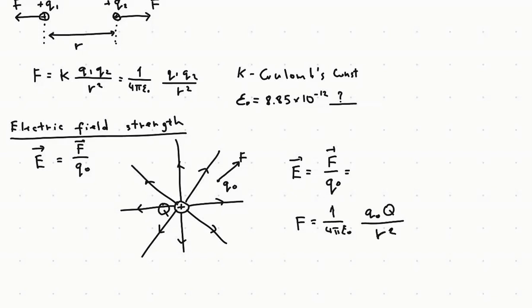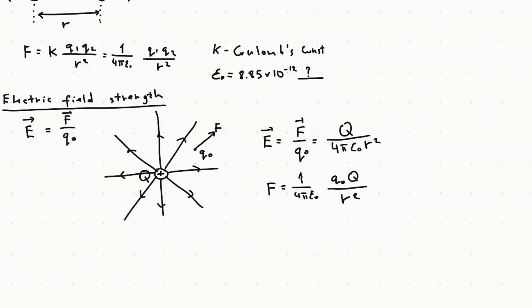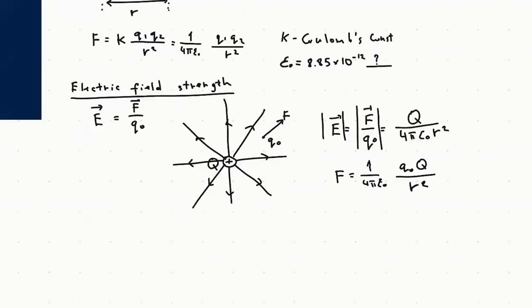If you sub that in, you will see that Q0 goes away, and we have simply Q capital over 4 pi epsilon naught r squared. Now, it is a vector, but of course this is the magnitude of that vector. So I'll just leave out vectors because I don't want to add any vectors into this equation. It's not really important. You can always work out the direction by looking at the charges. And this is called the electric field strength.